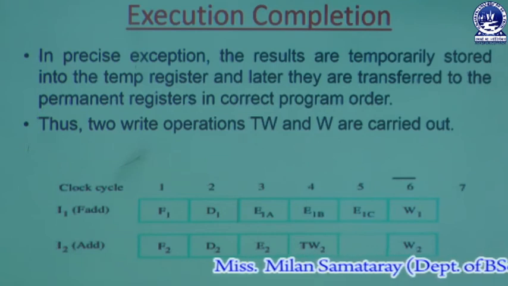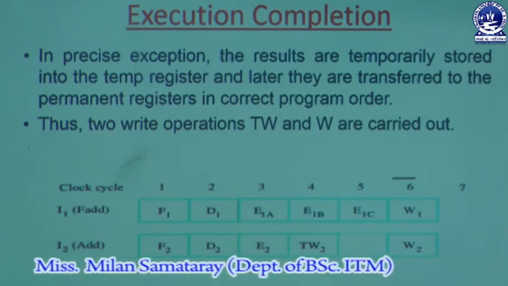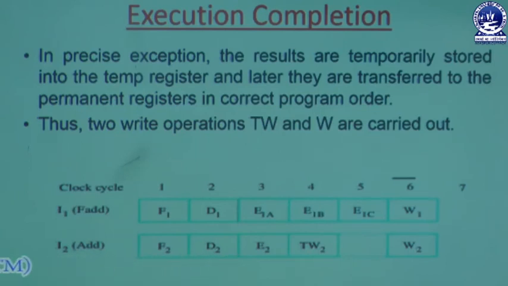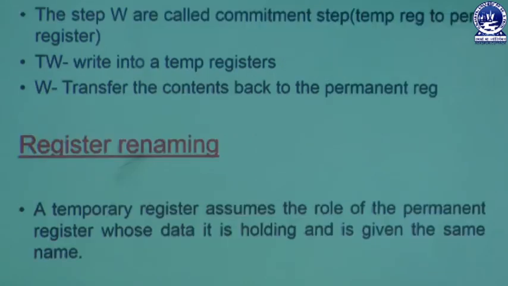So, the two write operations, that means TW and W, are carried out. TW means the write operation is performed in the temporary register, and W means the write operation is performed in the memory part. Here the step W is called the commitment step, which I have already told you in my previous slide, that there must be a commitment unit, from the temporary register to the permanent register.